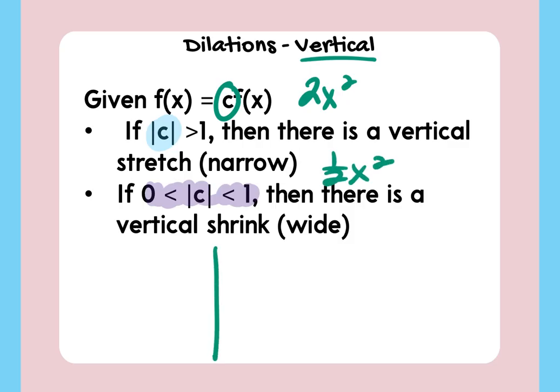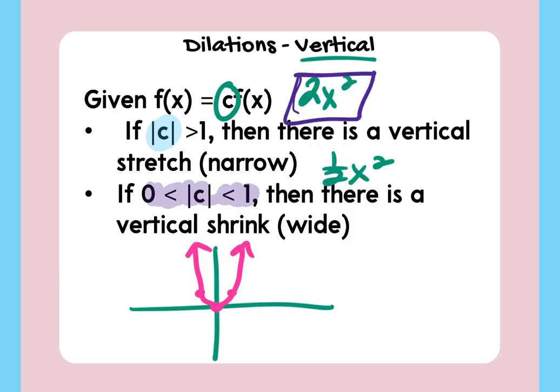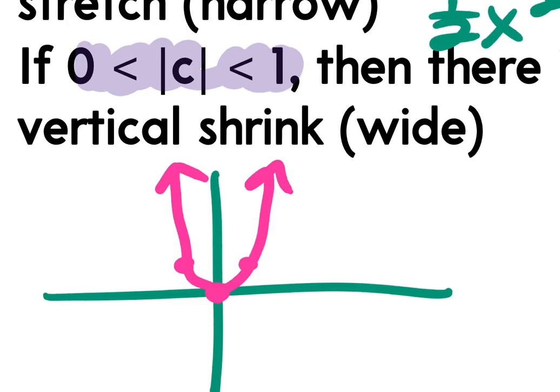So if I were to plot these both on the same grid, the normal parent function starts at 0, 0, goes up 1 and out 1 for my parabola, okay? If I was to graph the stretch, then instead of going up 1 and out 1, I'm going to go up 2 and out 1.